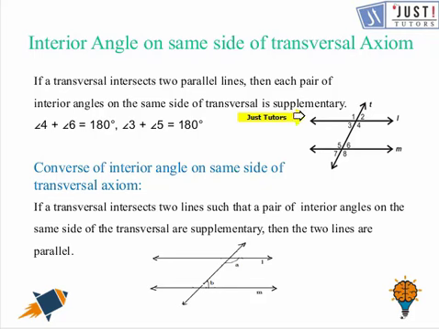That's what supplementary means. And the same is true for the converse, that if a transversal intersects two lines such that the pair of interior angles on same side of transversal are adding up to 180 degrees, then the given two lines are parallel.